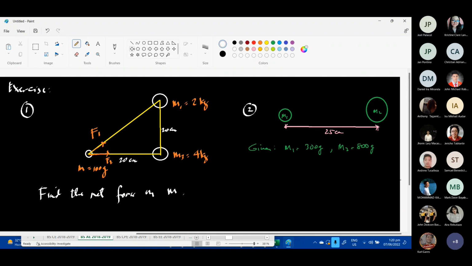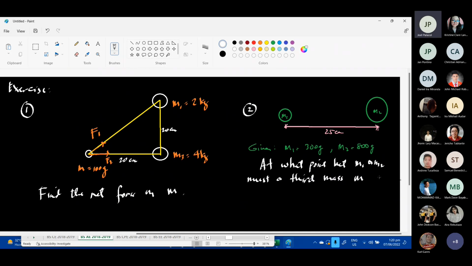Question. At what point between M1 and M2 must a third mass M be placed so that the net force on it, the net force on M is 0. Okay?